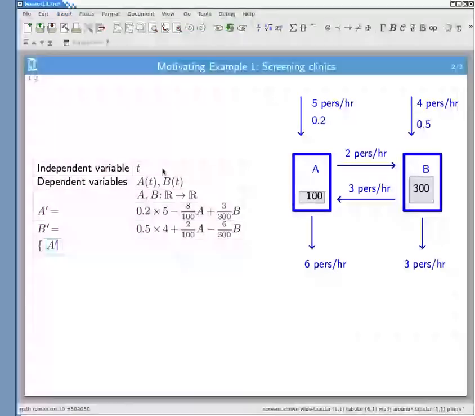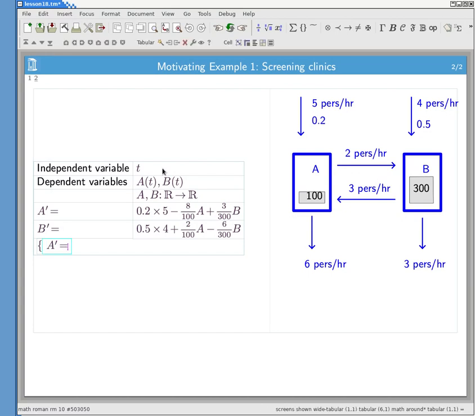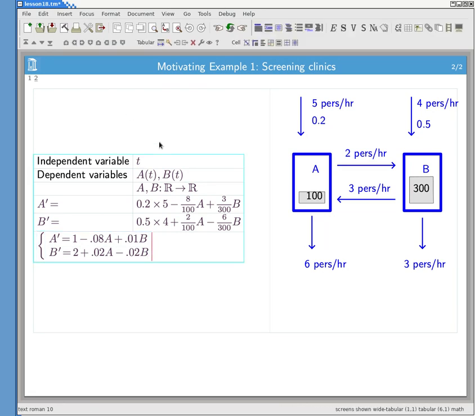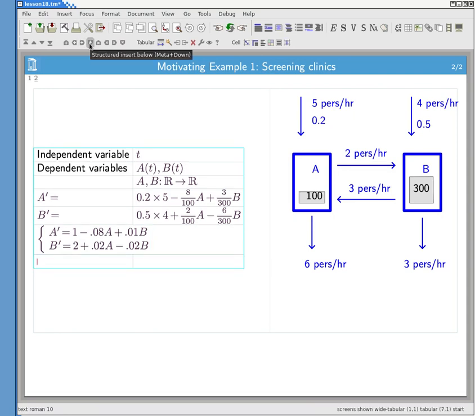A prime is going to be 1 minus 0.08 times A plus 0.01 times B, while B prime is going to be 2 plus 0.02 times A minus 0.02 times B. However, we will actually be more interested in recognizing that this can also be put in matrix form.